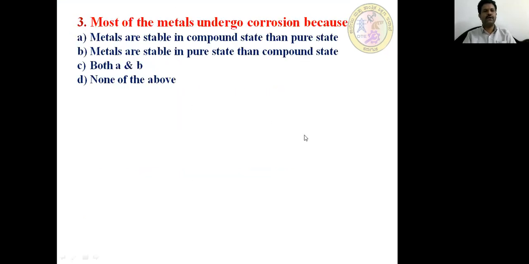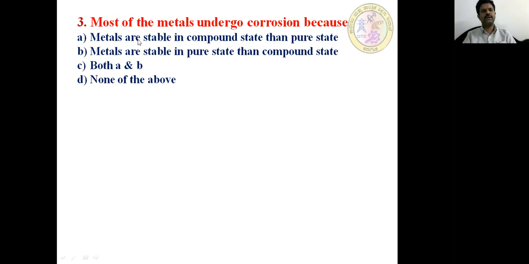Question number 3. Most of the metals undergo corrosion because option A, metals are stable in compound state than pure state. Option B, metals are stable in pure state than compound state. Option C, both A and B. Option D, none of the above. So metals are stable in compound state than pure state.